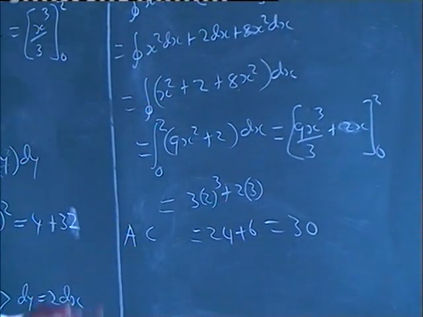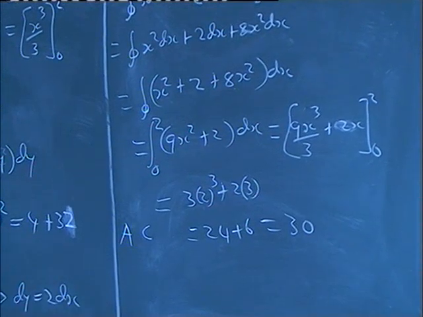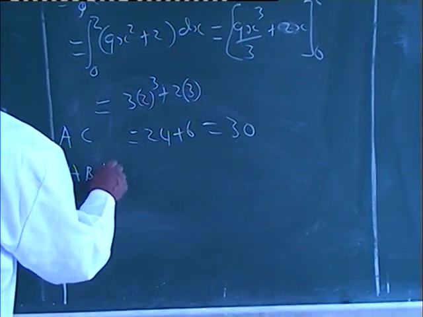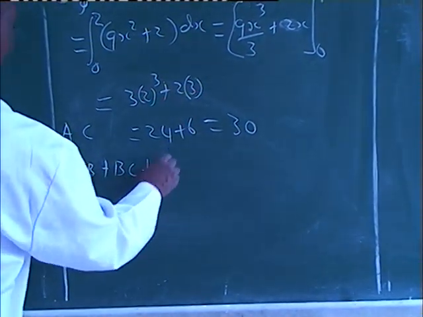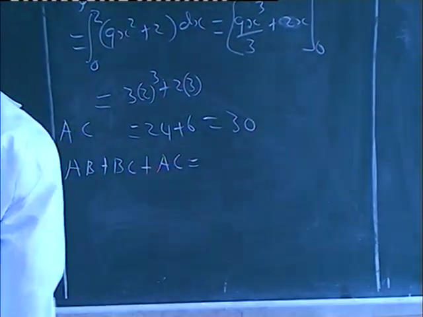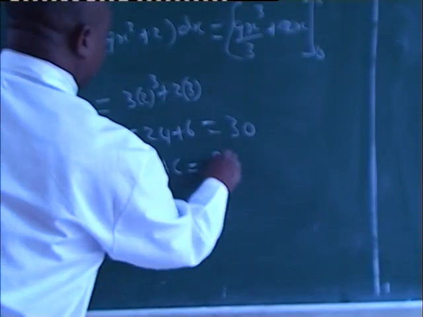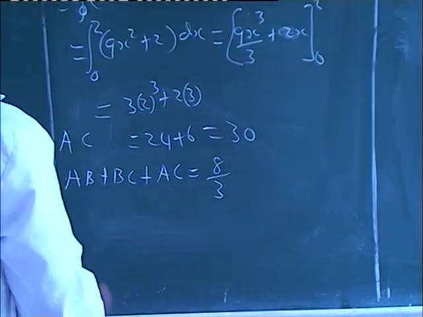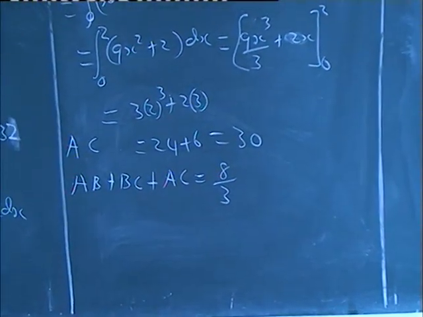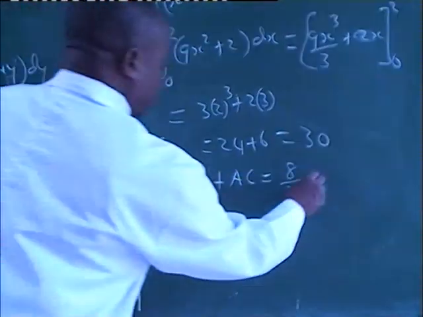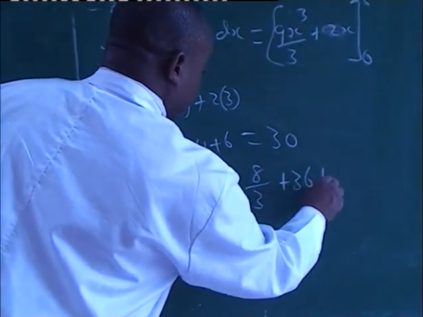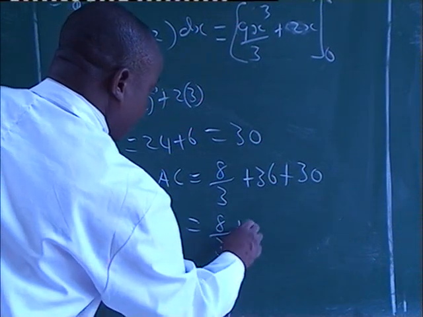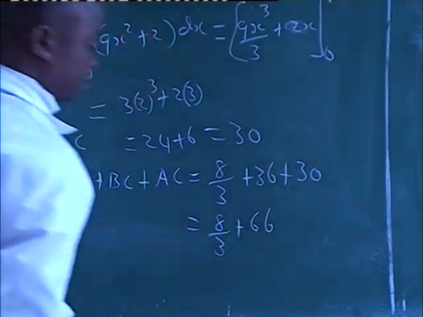Now for the closed area, the total is AB plus BC plus AC. And if we do that, we have 8 over 3, the first one. And the second one that we had was 36 for BC, so plus 36 plus 30. That will give us 8 over 3 plus 66.